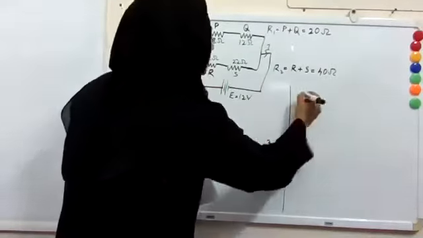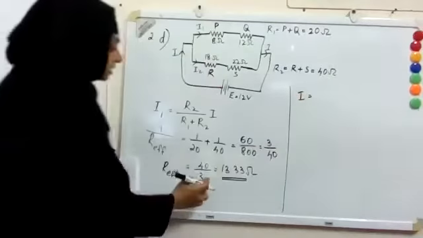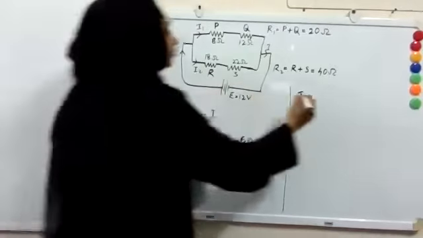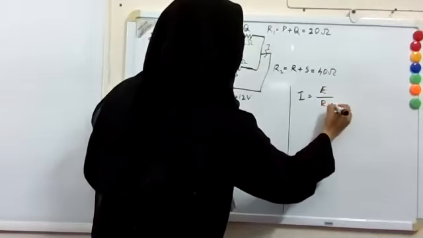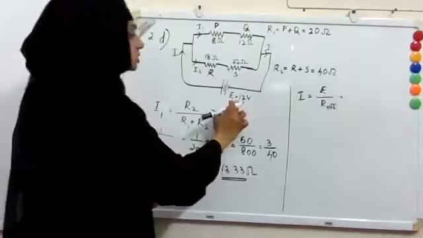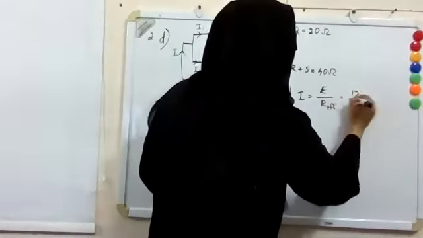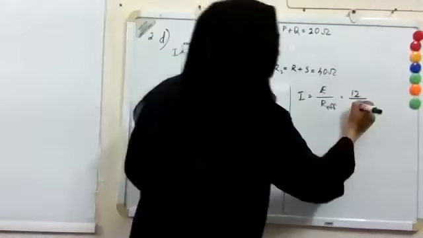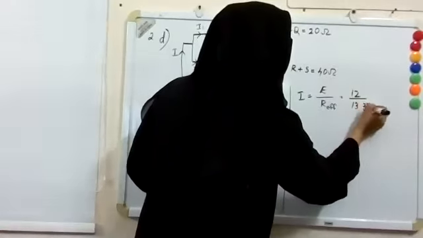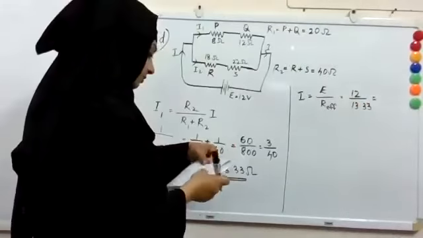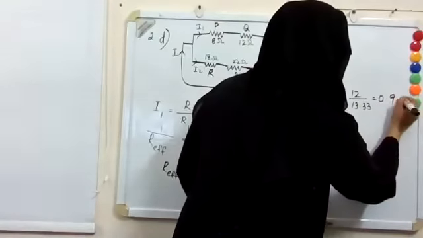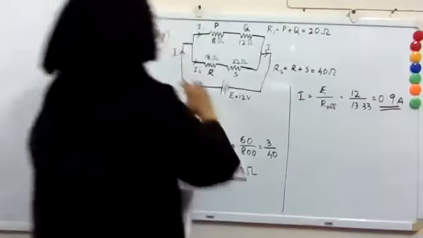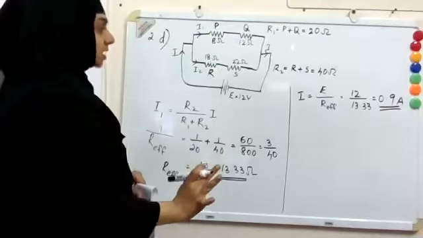So the main current I will be equal to the EMF divided by the effective resistance. So EMF is 12 volts. So 12 divided by 13.33, which is equal to 0.9 amperes. So this is the main current flowing through the circuit.